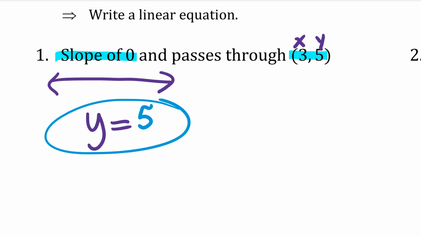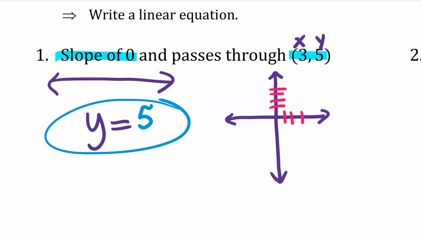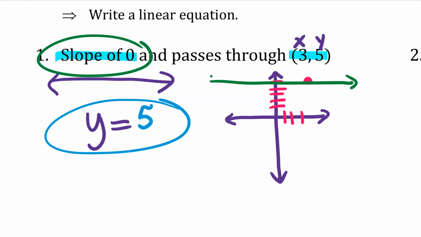If you needed to draw a little graph too, you totally could. Make a little graph in the corner of your paper. This is 3, 1, 2, 3, 4, 5. It needs a slope of 0, so I'm going to draw a horizontal line. If that helps you see it even better, that's totally fine also.